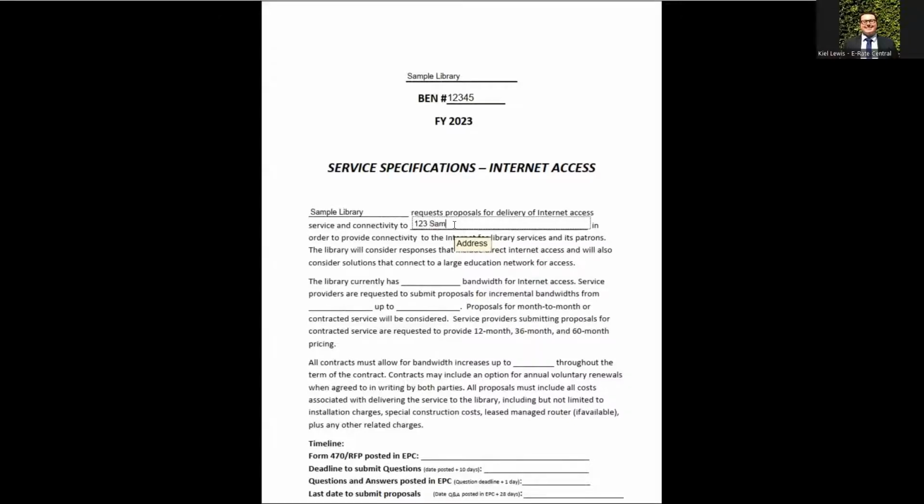So I will enter a sample address here. You will want to include the full address of the library, including zip code.